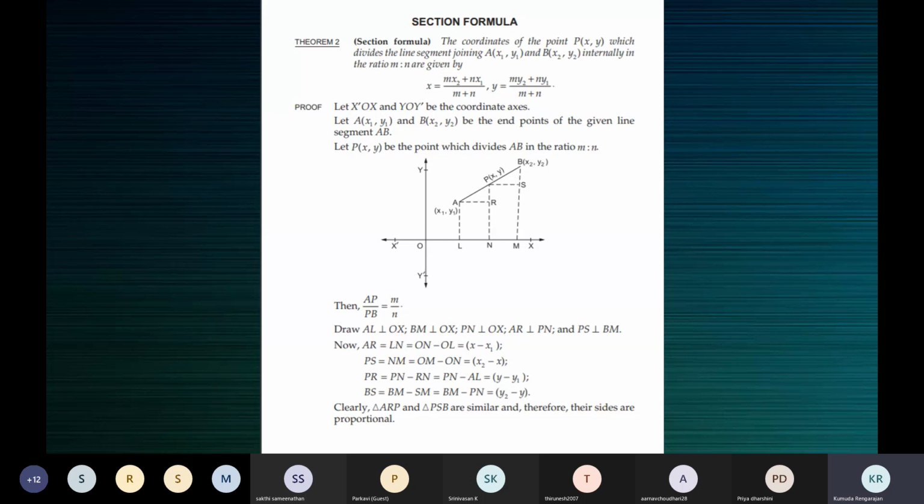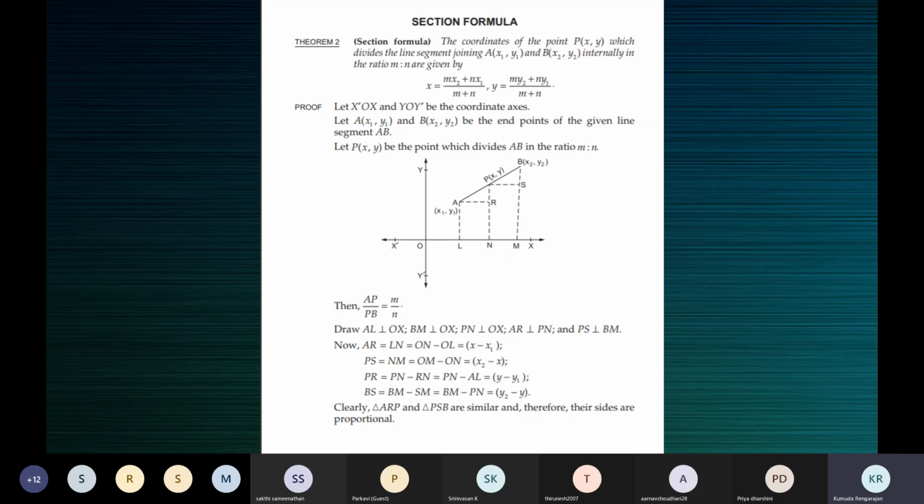So say you have a triangle with sides 3, 4, and 5 centimeters. There's another triangle with sides 9, 12, and 15 centimeters.